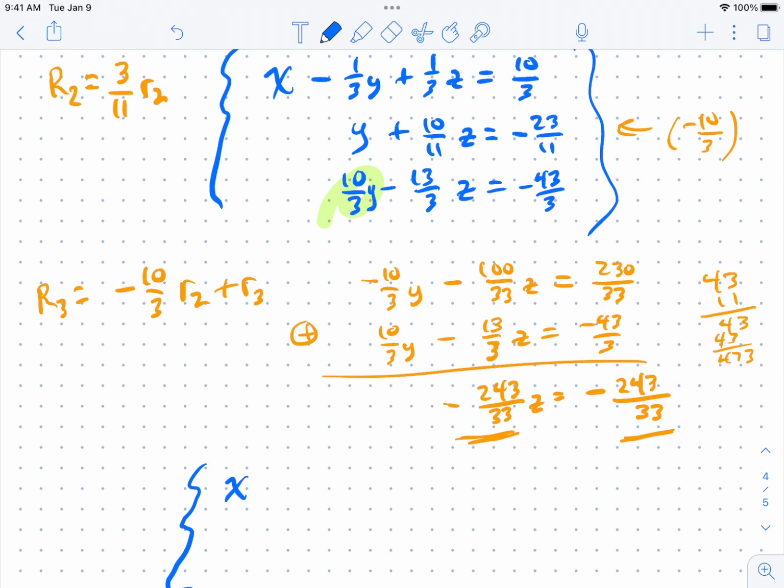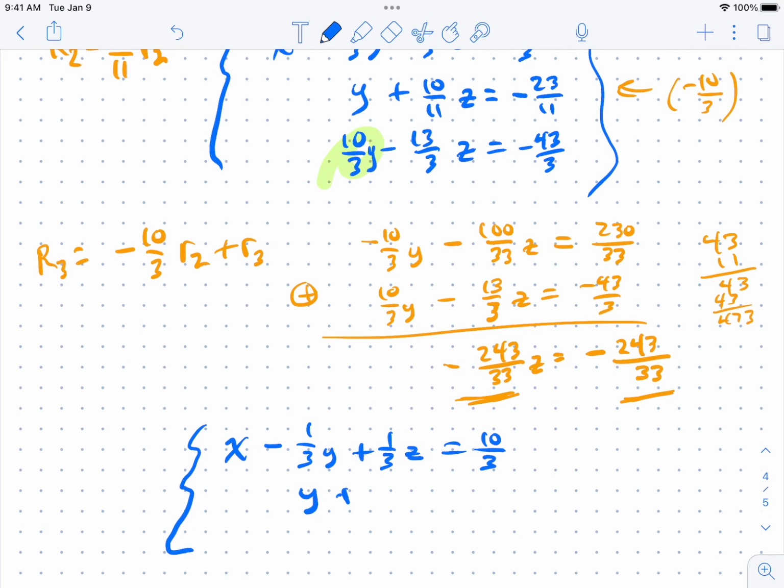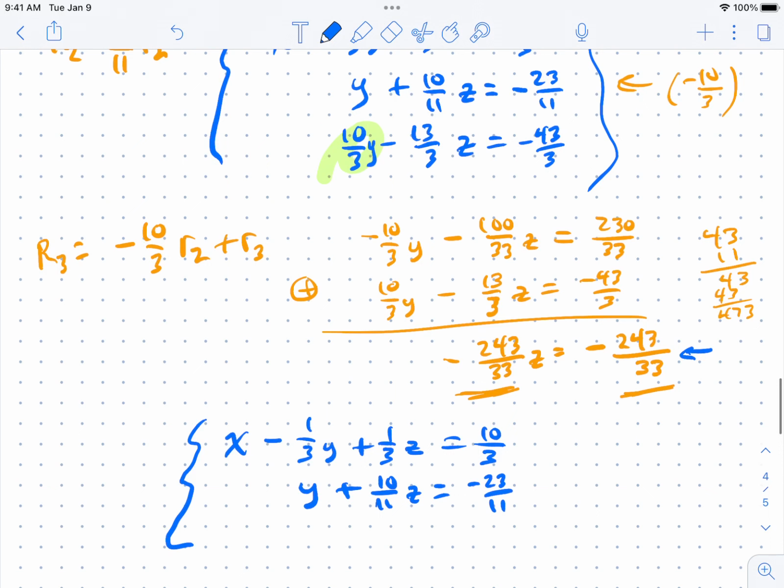Right now, the top equation is this. The middle equation is this. Oops, not thirds, 11ths. Okay, that was the middle equation, and this was our new form of row 3, right?